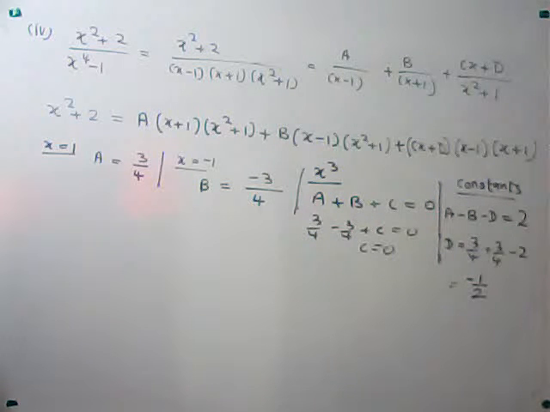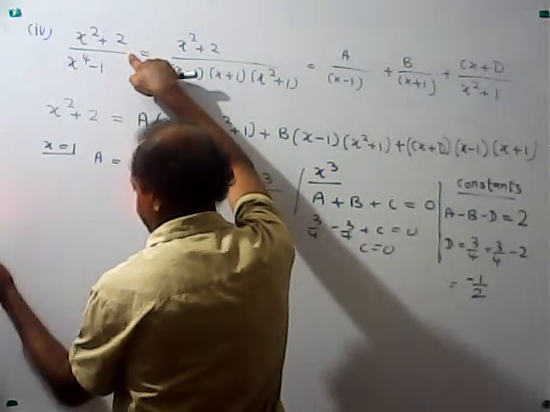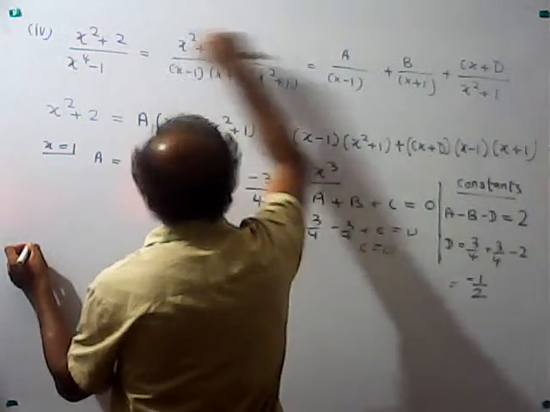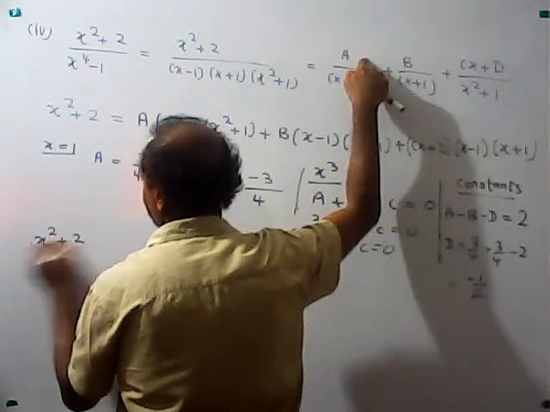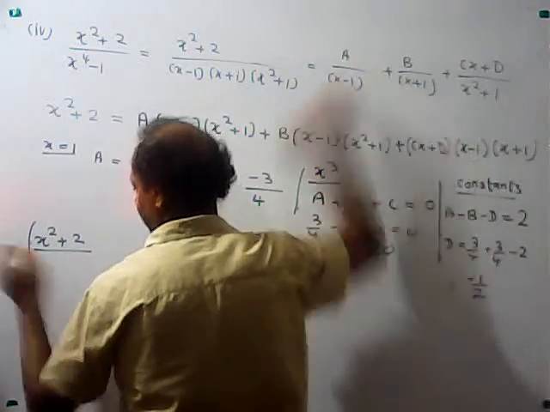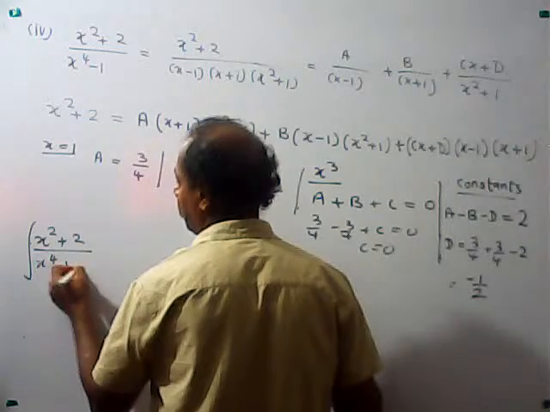Right? Yes, now partial fractions are x squared plus 2 over x to the power 4 minus 1.